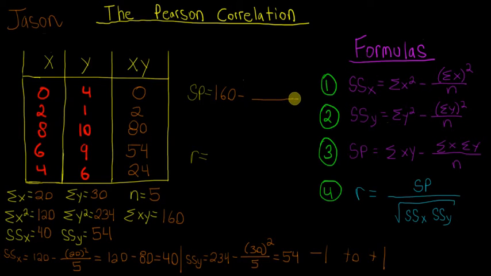Minus, now we have the sum of x, which is 20, times the sum of y, which is 30, over n, which is 5. I'm just going to expand this, 160 minus, I'll do that quickly on my calculator here. It's 120. So we're going to finish up with a final value of 40 for our SP.